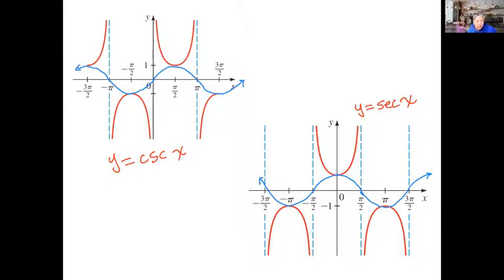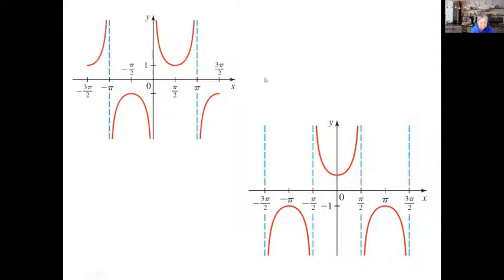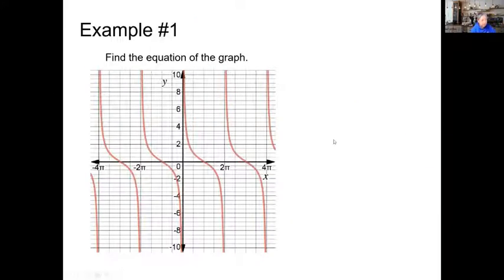Okay, then we have 2 examples following, and that's all for today. Okay, example number 1, and this is directly copied from the practice problem. Now we are given an image of a graph.